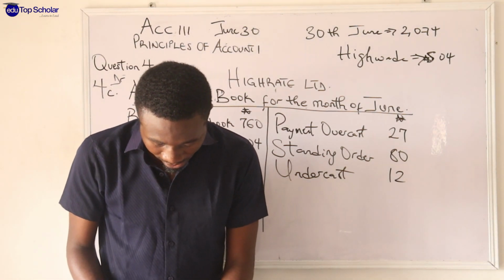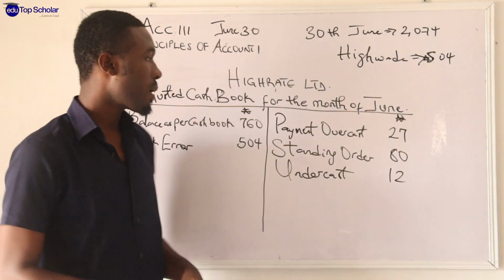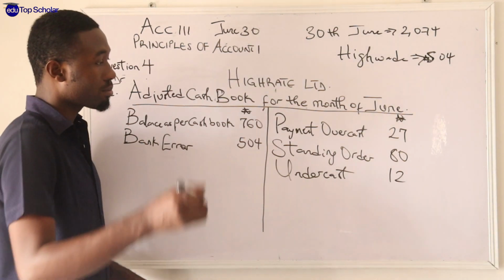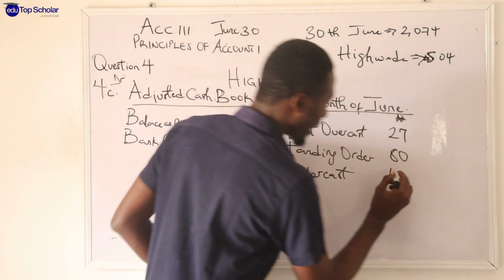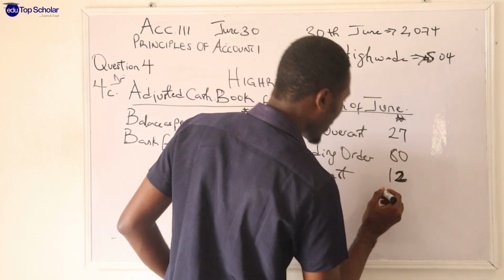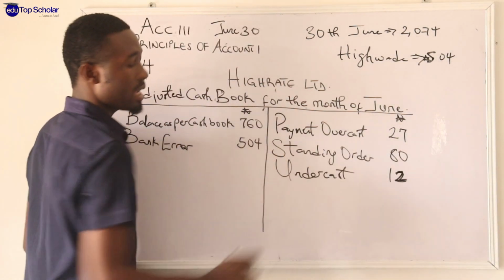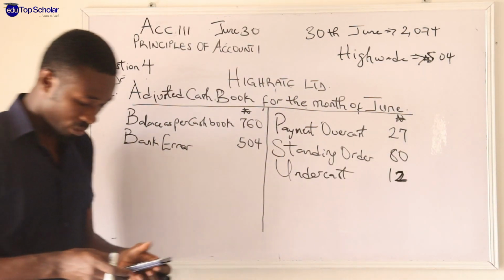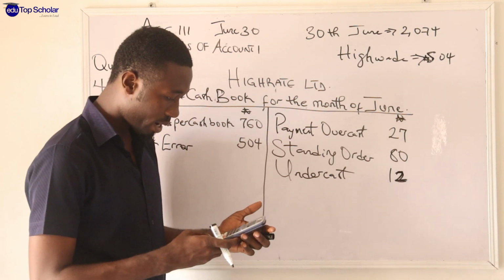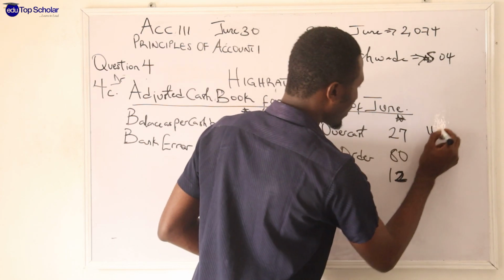So they said the bank statement showed an overdrawn balance of 87 naira. So the last one says an overdrawn balance. It means we are owing the bank at the end of the month 87 naira. That's what their own balance is showing. So we can balance this account. Here we have 27 plus 80 plus 12, that is 119.